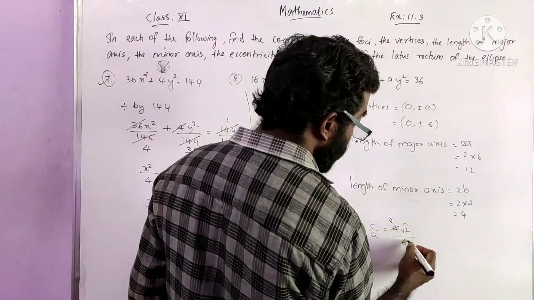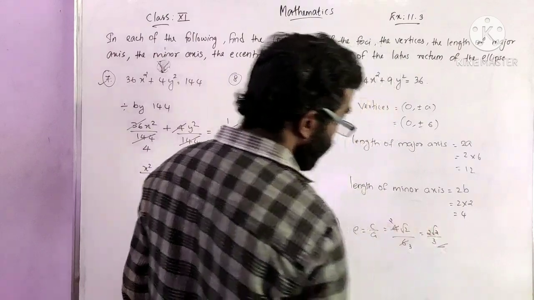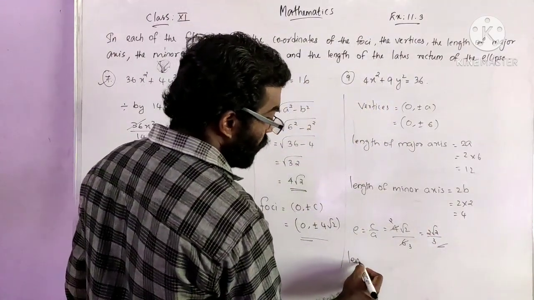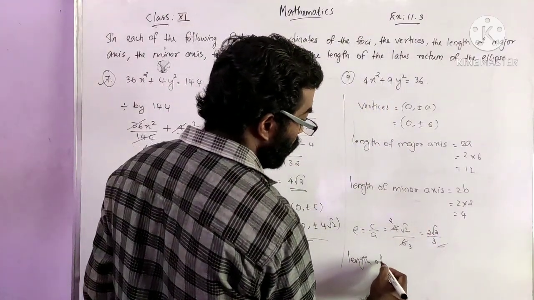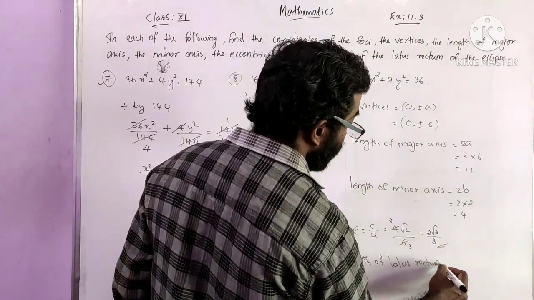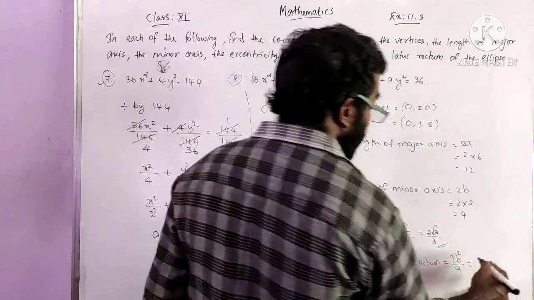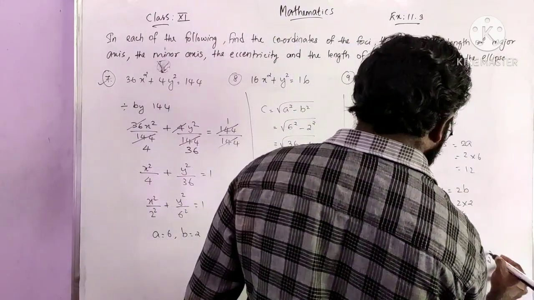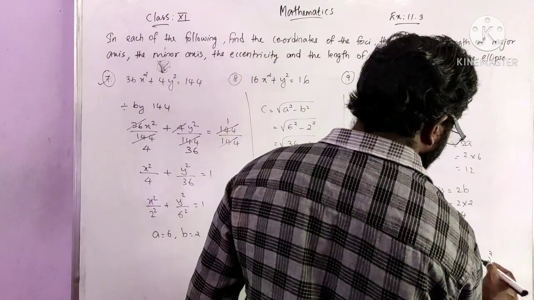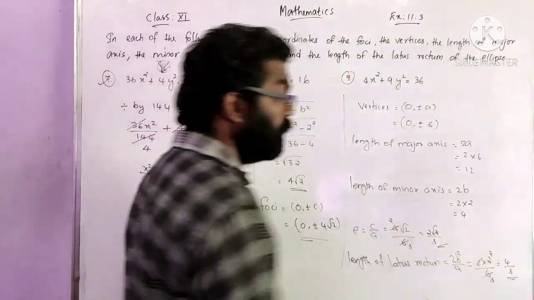We can cancel 2, 3. 2 root 2 divided by 3. Now length of latus rectum, 2b square divided by a. Here it is 2 into 2 square divided by 6. That is 4 by 3.